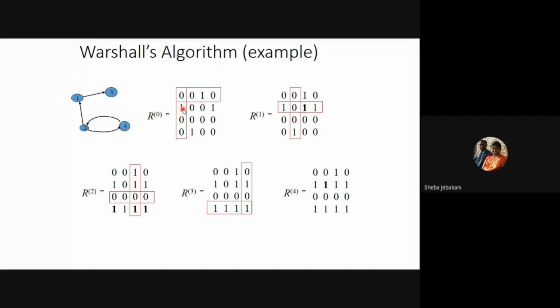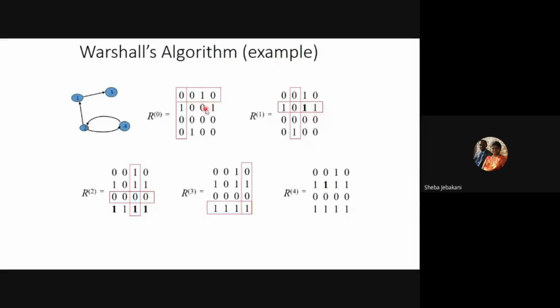And how about this particular position? Wherever there is a 1, we need to look at it. This is 0 comma 2, right? That means A to C. So this is from B to A and this is from A to C. Since I can go from B to A and from A to C, I should be able to go from B to C. This is the kth position we are talking about.